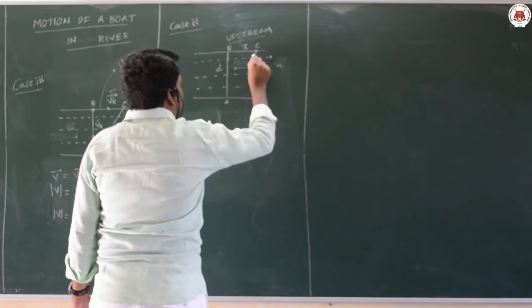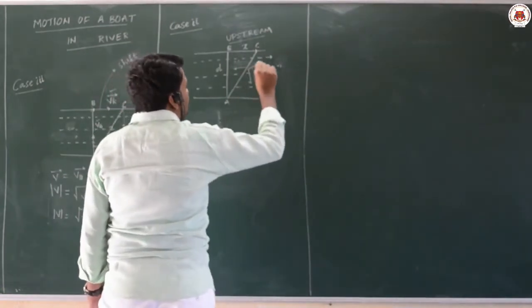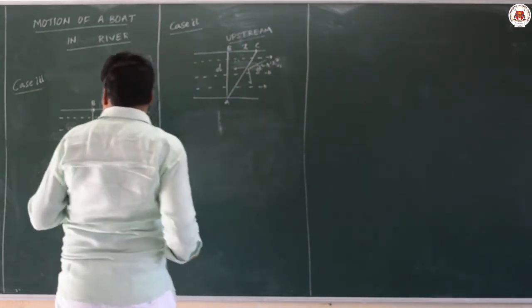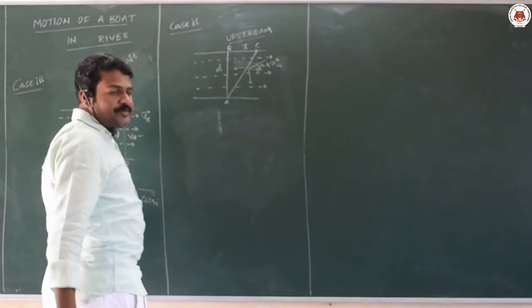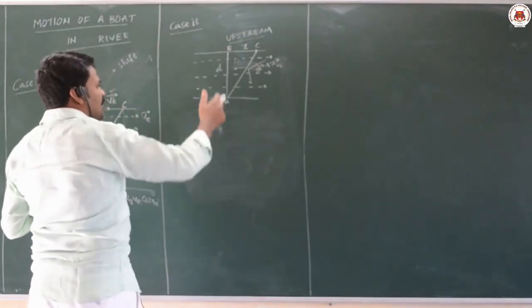Now A to C will be, according to Pythagoras theorem, root of d square plus x square. Now observe these two diagrams. What is the velocity in the direction of AB?